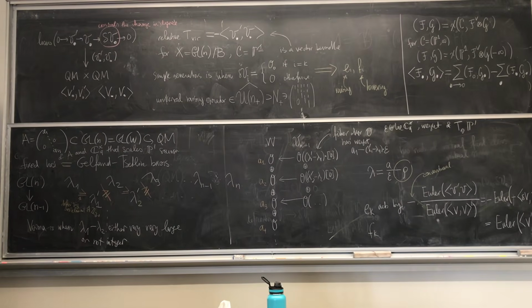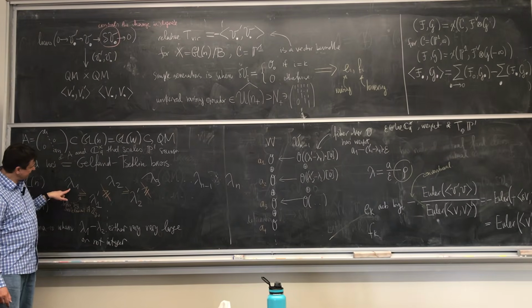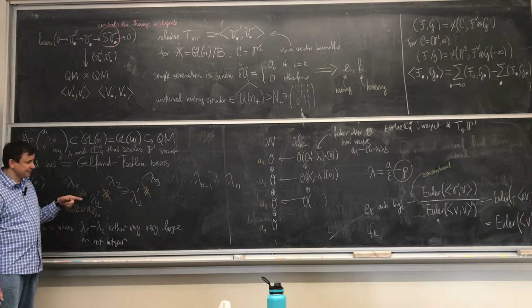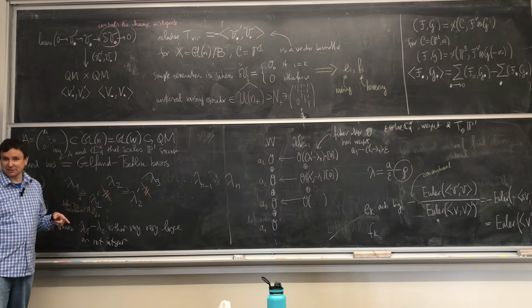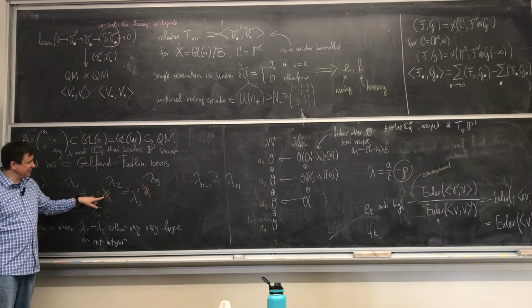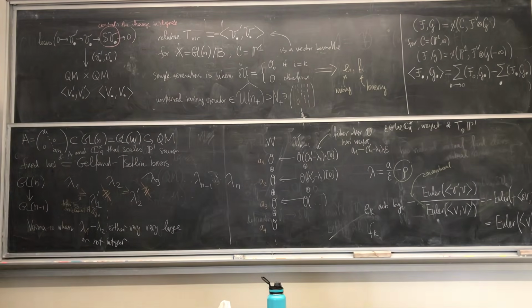Then finally, you'll discover that if it is the case that lambda 1 minus lambda 2 is a positive integer, and lambda 1 prime tries to get beyond this lambda 2, that thing will vanish.